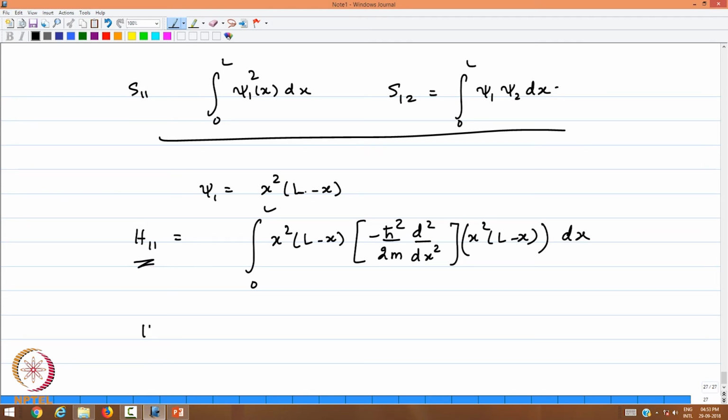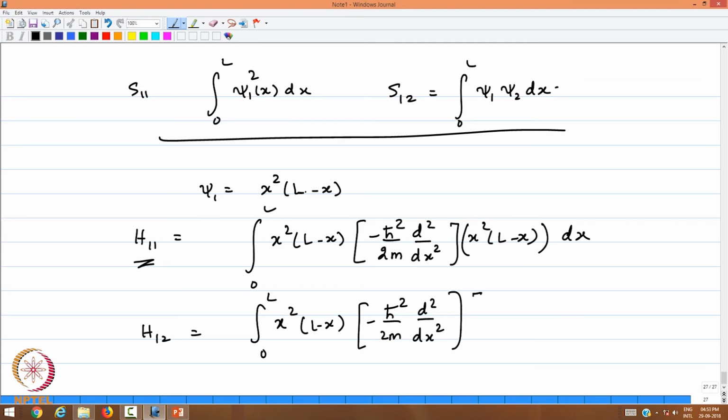And what is H12? H12 is 0 to L. The first function is still x square into L minus x, and the Hamiltonian is minus h bar square by 2m d square by dx square, but the second function is x into L minus x whole square dx.